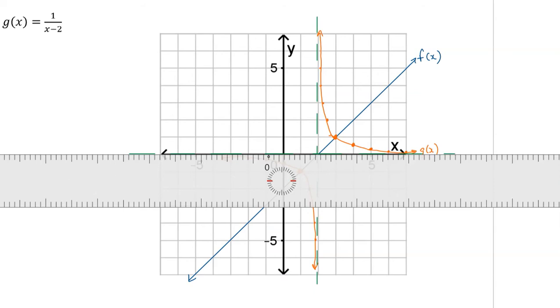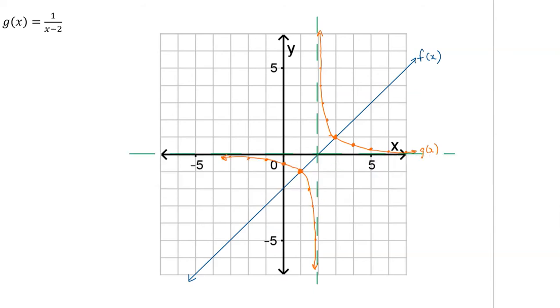Use a ruler when you're drawing asymptotes. This is y equals 0. This is x equals 2.